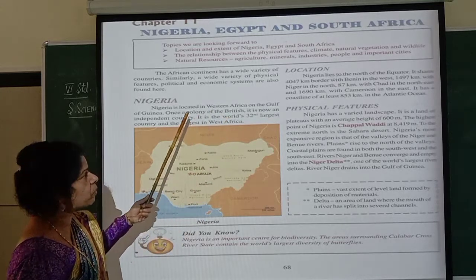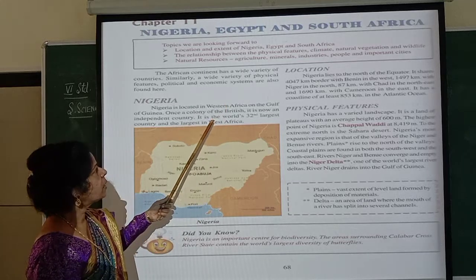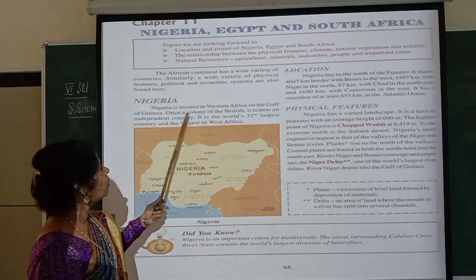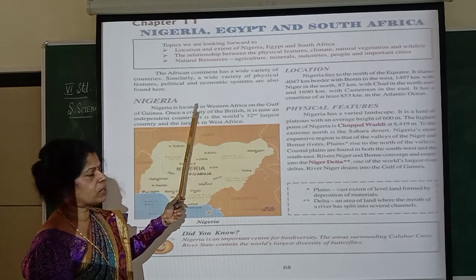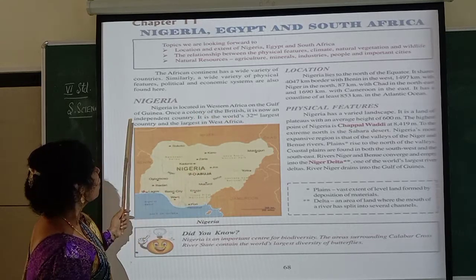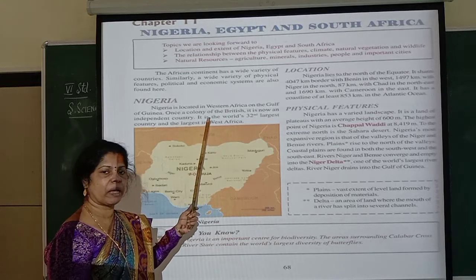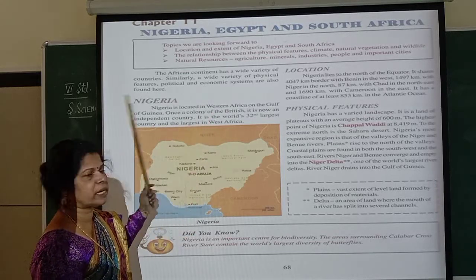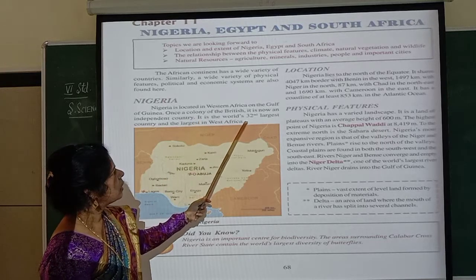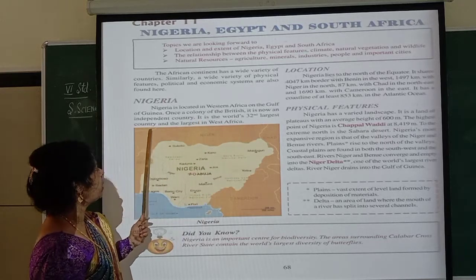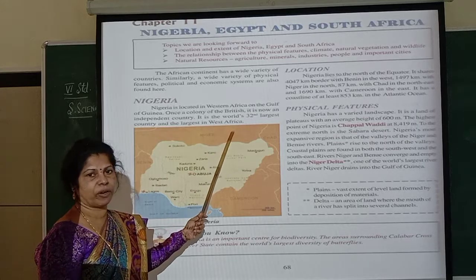But what happened is, many years back, the British were ruling this. So, once a colony of the British, Nigeria is now an independent country. It is the world's 32nd largest country and the largest in Western Africa.